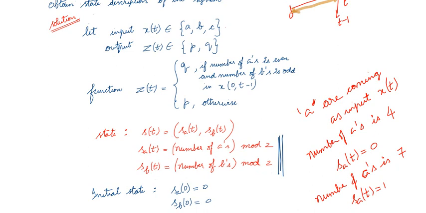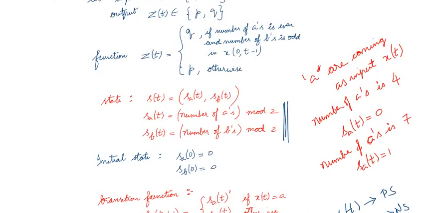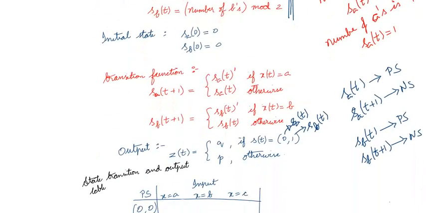When this condition is satisfied, Z of t is equal to Q. That is what is written here. Z of t is equal to Q if S of t is equal to 0, 1. Otherwise, the output can take two values. Z of t is equal to Q for this condition, that is, A is an even number and B is an odd number, the state should be 0, 1. Otherwise, it is P.